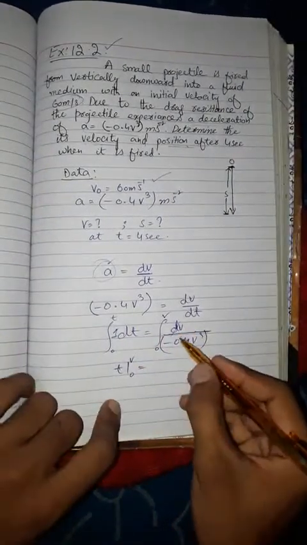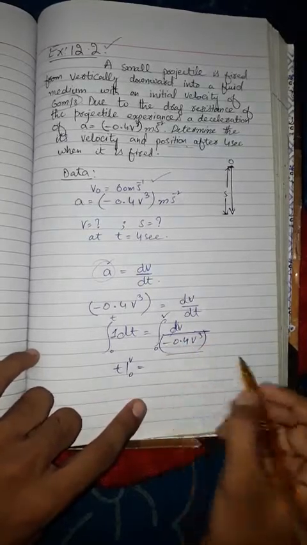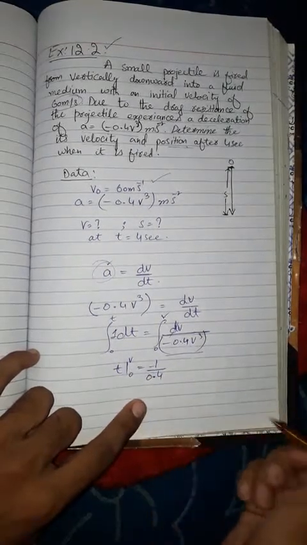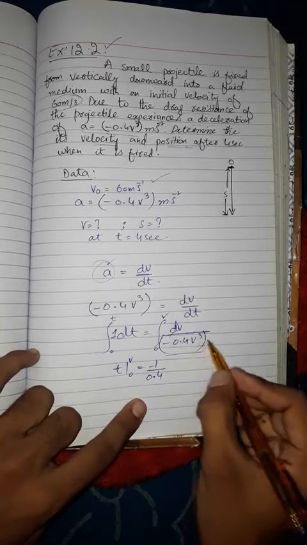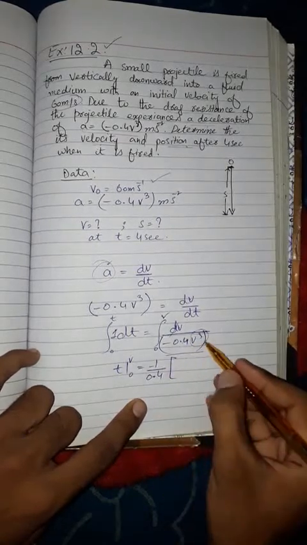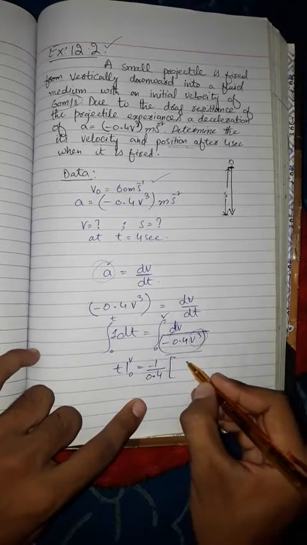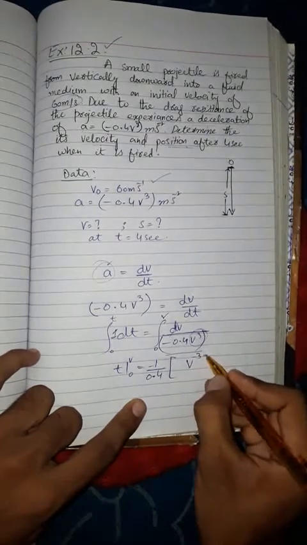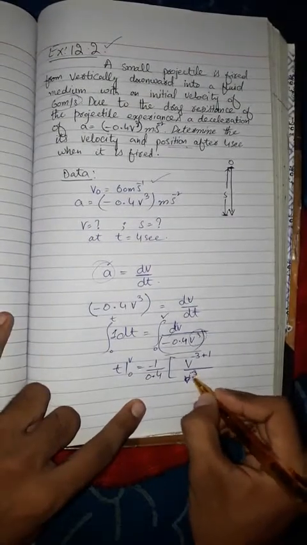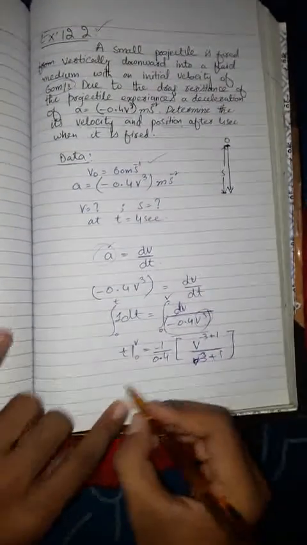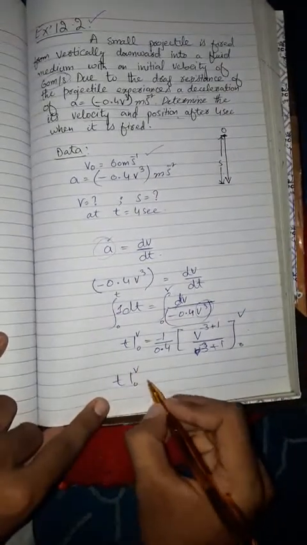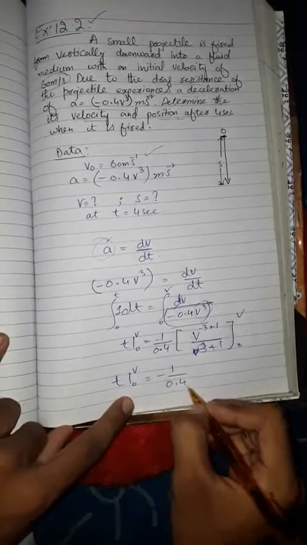Minus 0.4 is our constant, we will move it here, and the integration of v to the power minus 3, we add 1 in the power and also divide by the new power, from 0 to v. So that is minus 1 upon 0.4.